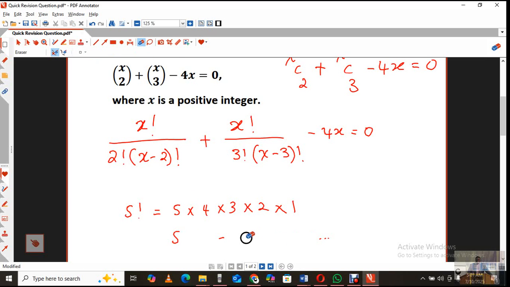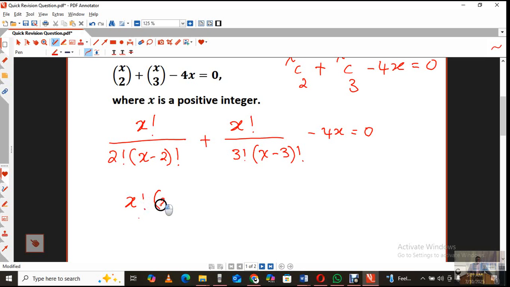So on top, so that it can correspond with the denominator, so that I can do taking out a common factor, this is not x factorial, but x times x minus 1 times x minus 2.